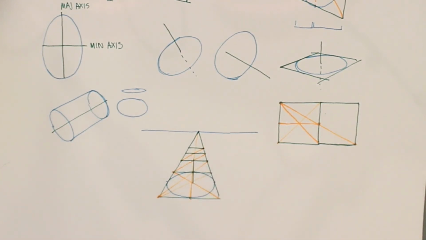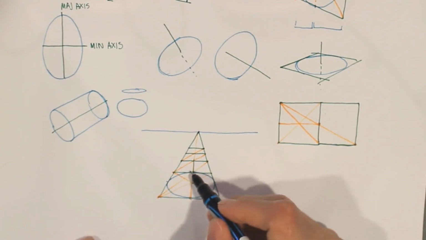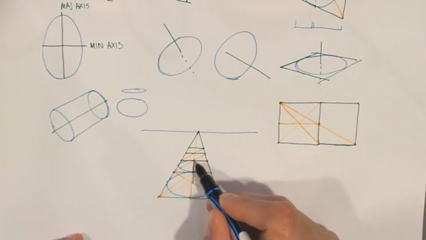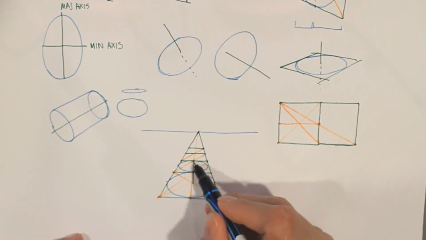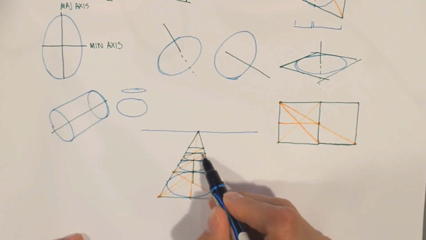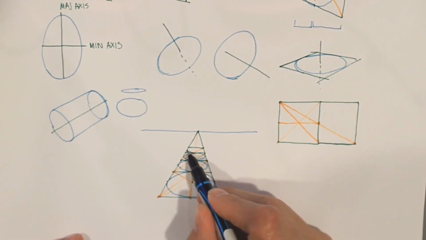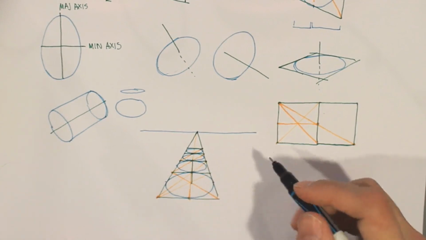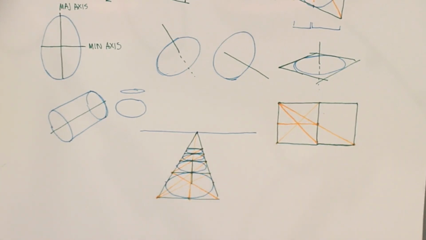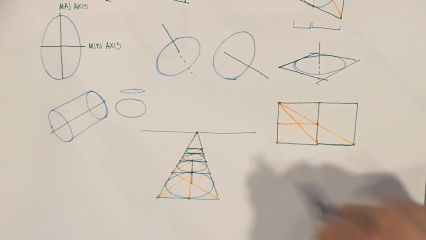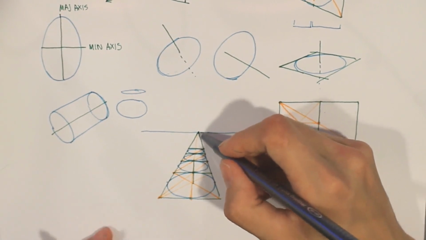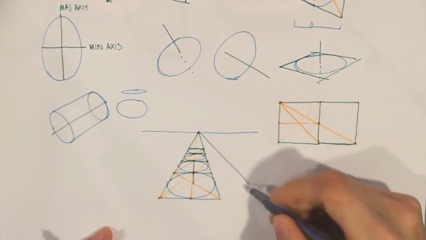And what you'll start to notice is that if we create an ellipse in each of these boxes, not only do they get smaller and smaller, but the degree gets flatter and flatter. The same thing can be if an ellipse is on its side. So let's draw some guidelines emerging this way.